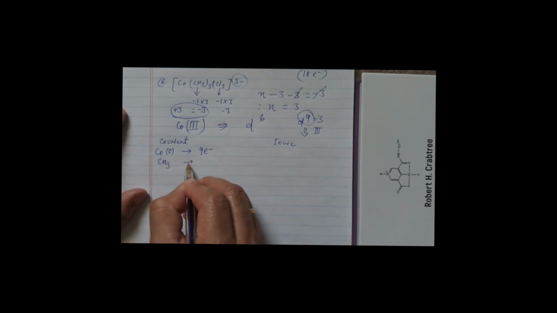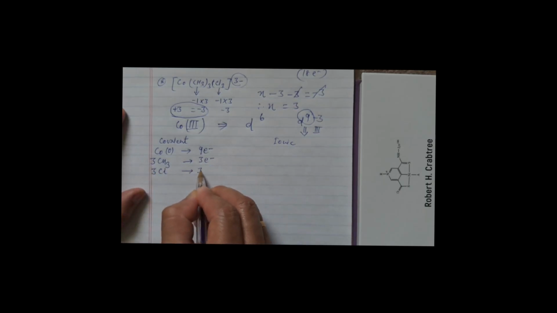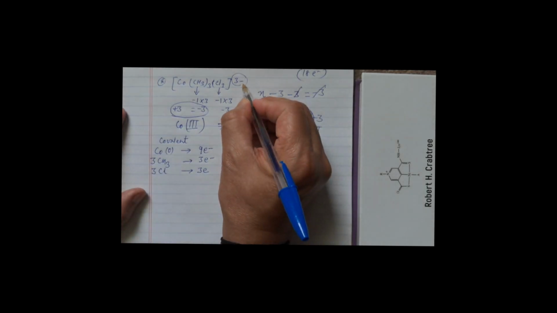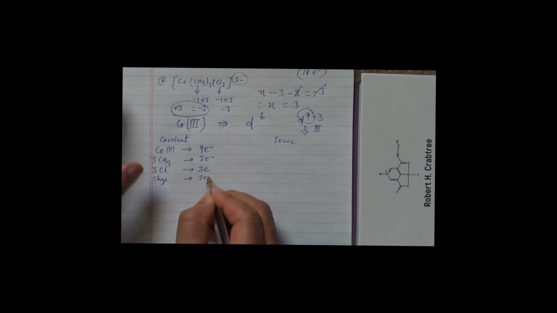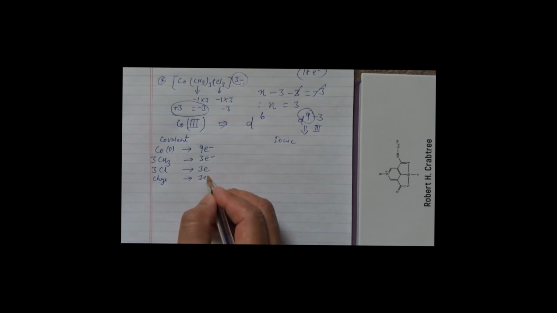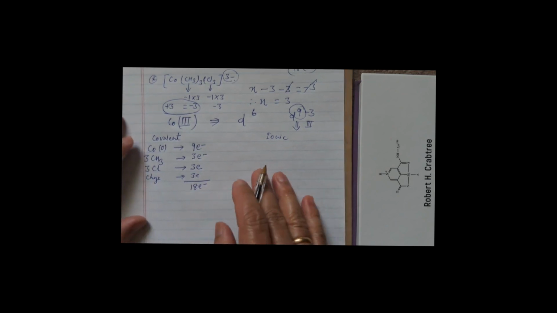CH3, there are 3, so they give 3 electrons. Similarly for chlorine, it's 3 electrons. And in total, you can see the charge over there, and that's 3 electrons for the total charge. Now you can add it. If you add it, what happens? It's an 18 electron complex.